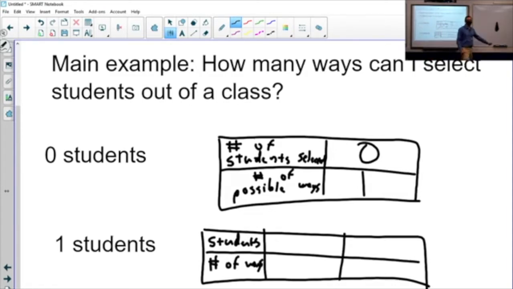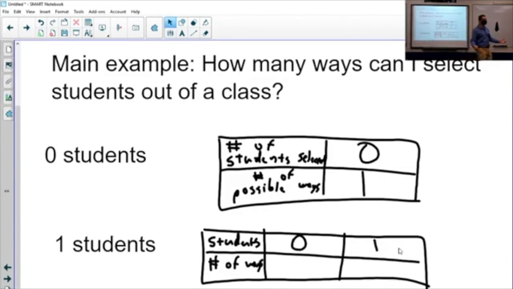So what are my possible amount of students that I could select out of 1? I could select 1 or 0. And you can think about selecting them for maybe I'm picking them out for how many students I would want to receive extra credit or get to go on a field trip or get sent to APAD.